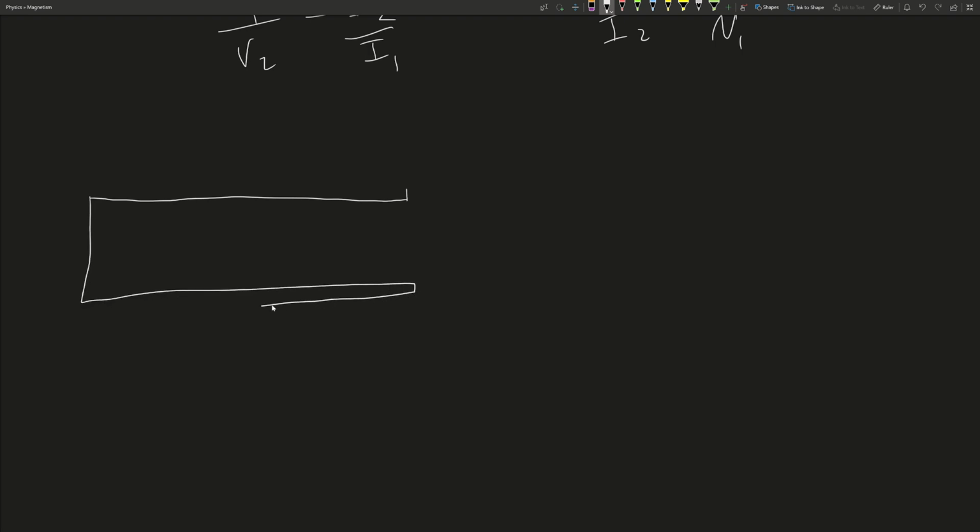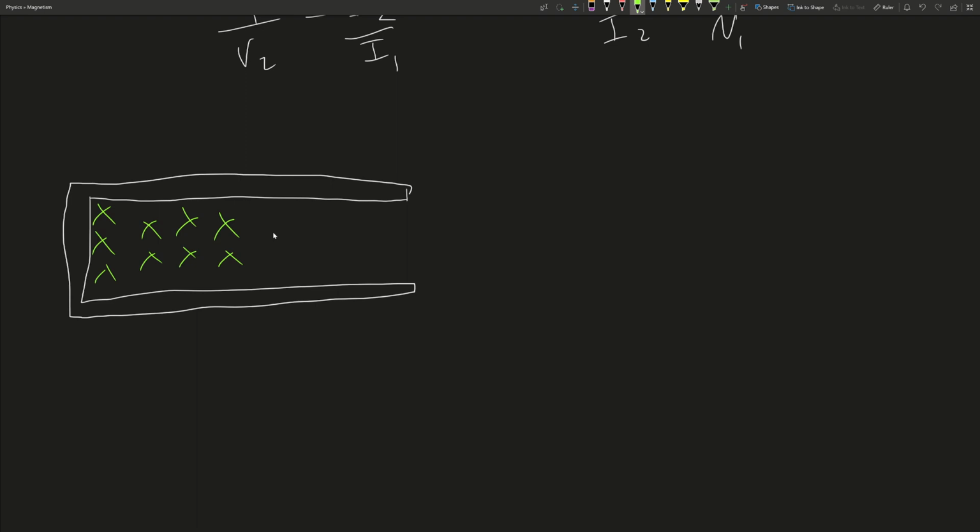This is a conducting material, and then you have a magnetic field that's going into the page.